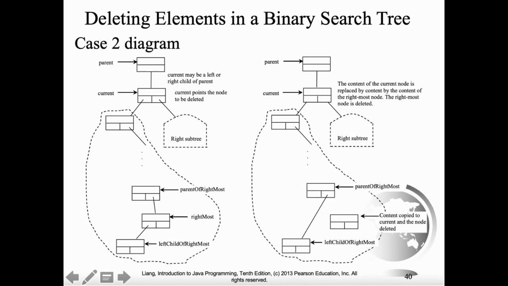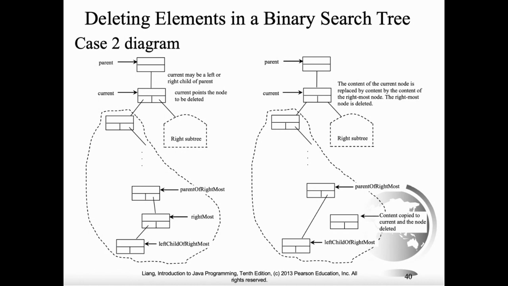So when we put it on the top, that means we need to tell the parent of the current that you no longer are going to point to this current. You're going to point to the rightmost, right? And that's again going to be the parent, either left or right, pointing to the rightmost that we find.